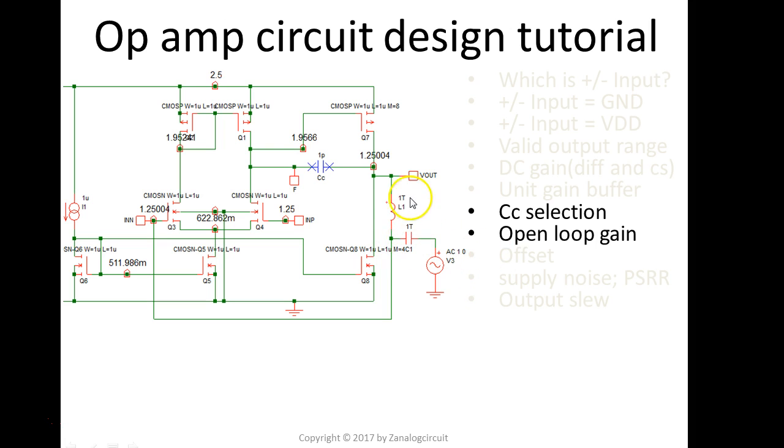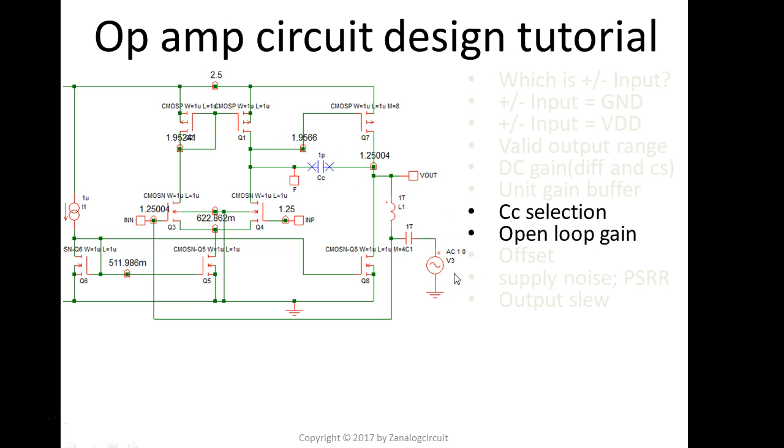By doing that, you open up the loop, and then with the AC simulations, you can figure out what the loop response looks like. Ideally, this 1 pico, we just pick by experience, empirically, for an Opamp like this. We just pick 1 pF or a couple of pF. But by looking at the AC loop response, we can tell if this 1 pF is good enough or not.